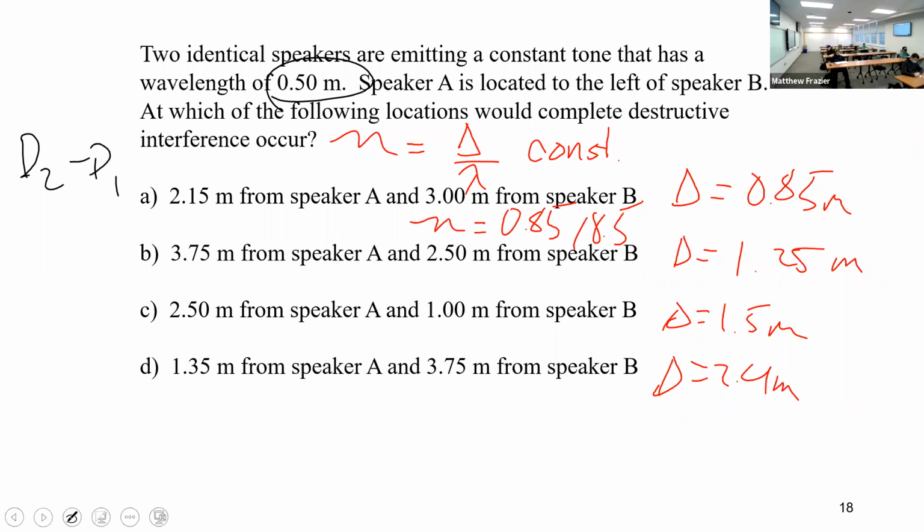But here for B, N is going to be, well, we have 1 1/4 divided by 0.5, so 2.5. And then for C, N is going to be 3 because it's 3 times 0.5. So N here is the number you multiply the wavelength by to get the path difference. And then D here is the ugly one.